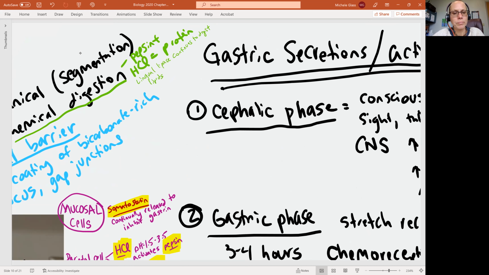So we're doing digestion of proteins in the stomach. We're doing digestion of lipids in the stomach, but I like to always describe the carbohydrate digestion as on hold, because that salivary amylase that you swallowed cannot function at this low pH.